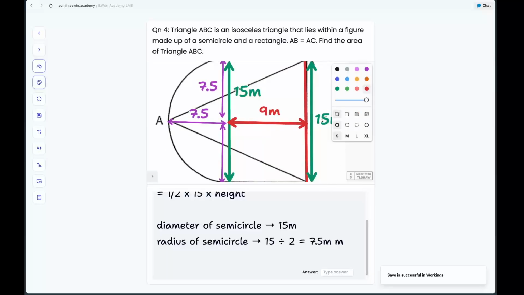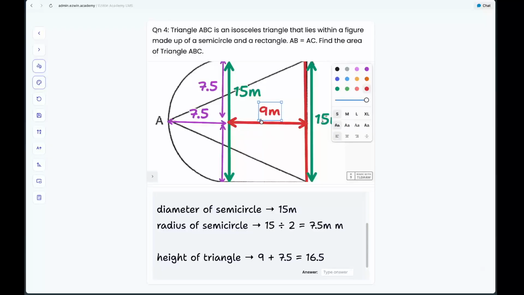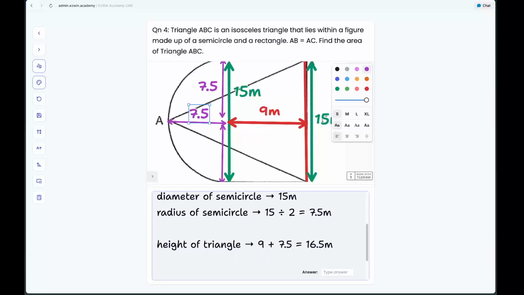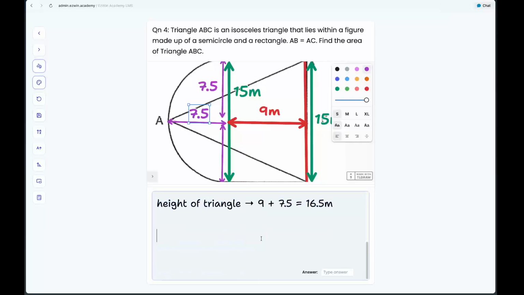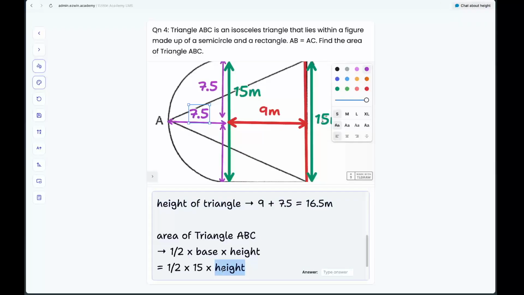So the height of the triangle is 9 meters plus 7.5, which gives us 16.5 meters. So if we look back at the area of the triangle ABC, since we know the height of the triangle, we will just put 16.5 meters.